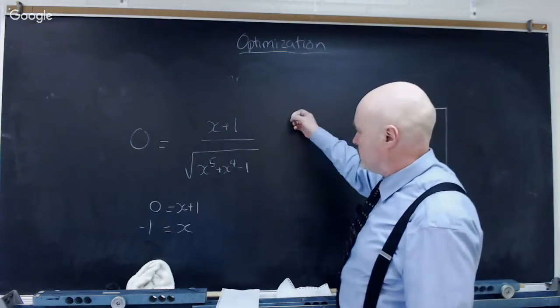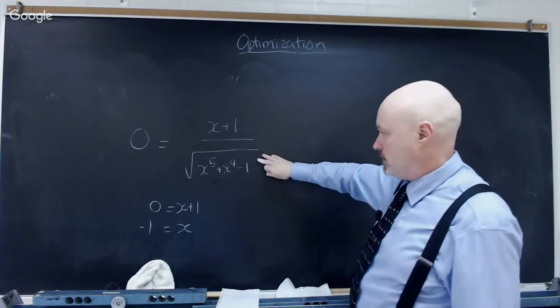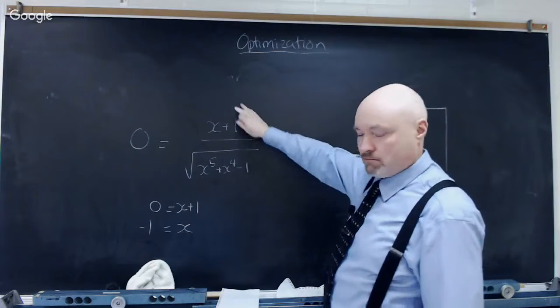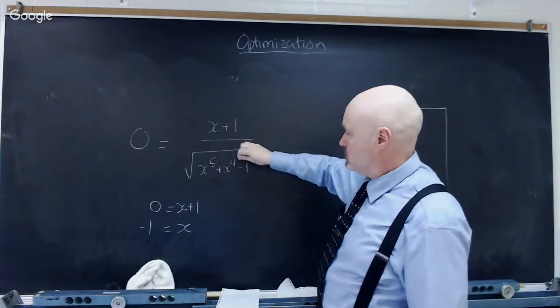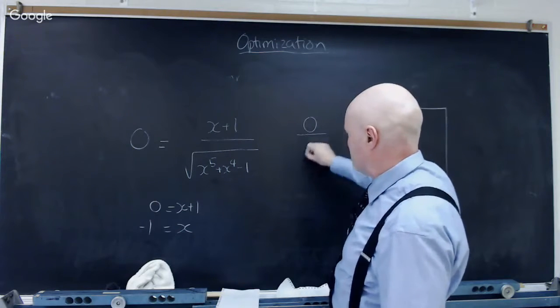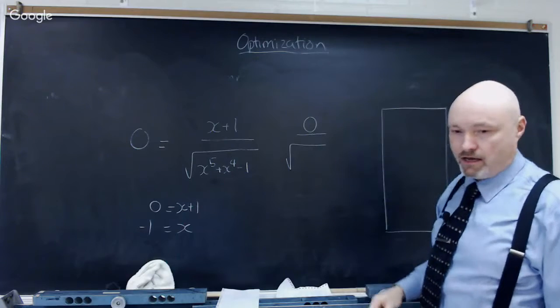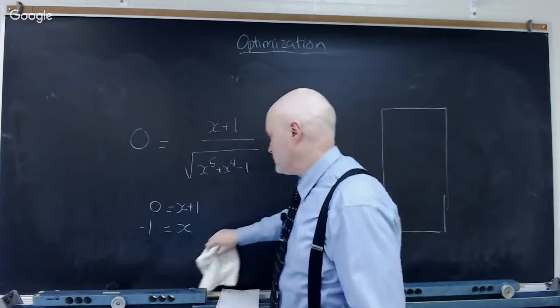Basically, what you're trying to do is actually a way that you can do it, but I would recommend mostly just saying when the top is 0, this whole expression is equal to 0. So you're just trying to find out where that happens. Oh, zero, okay. So when x is -1, then it's going to be equal to 0.